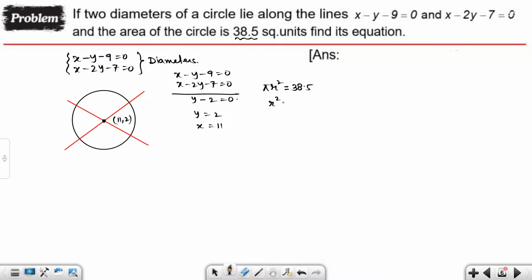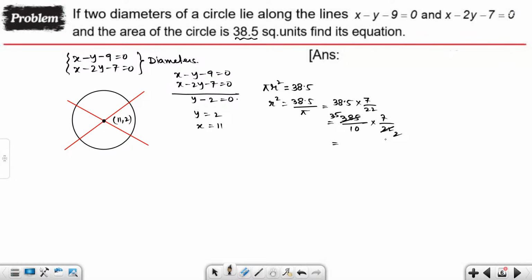Therefore, your r square is coming to 38.5 divided by pi, which can also be written as 385 over 10 into 7 over 22. Now if we divide 385 by 11, we are getting 35.